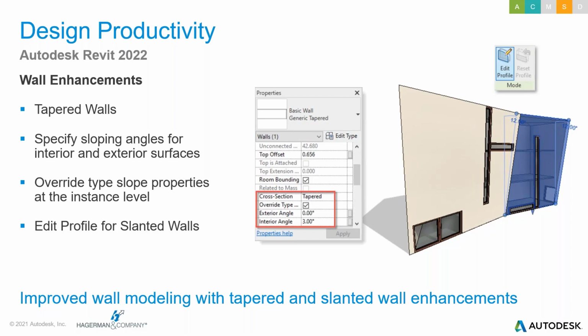Align wall-hosted components to the sloped interior or exterior faces of the wall. Tapered walls will also display clean joins at corner conditions. And a helpful tip is to modify the sketch boundaries of a slanted wall along its work plane. This gives you greater control over the display of your wall geometry.